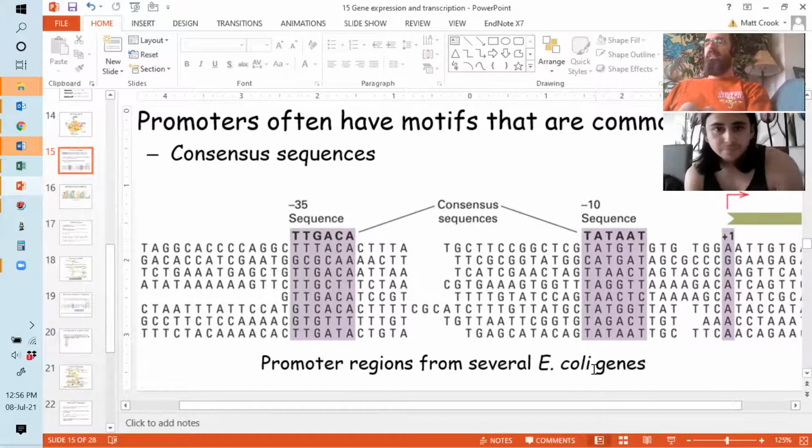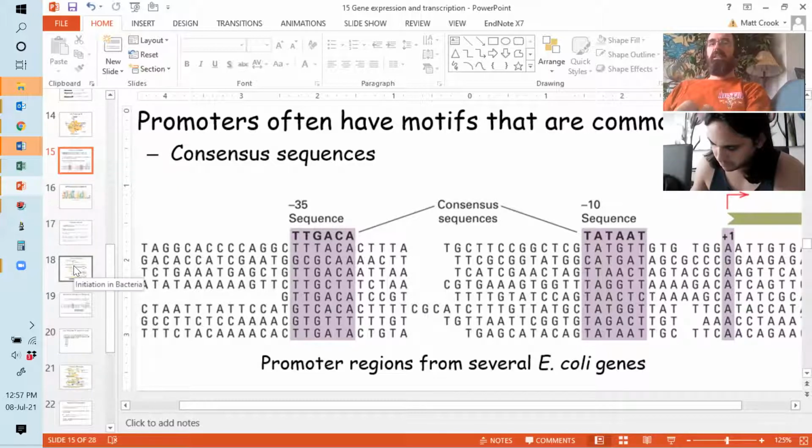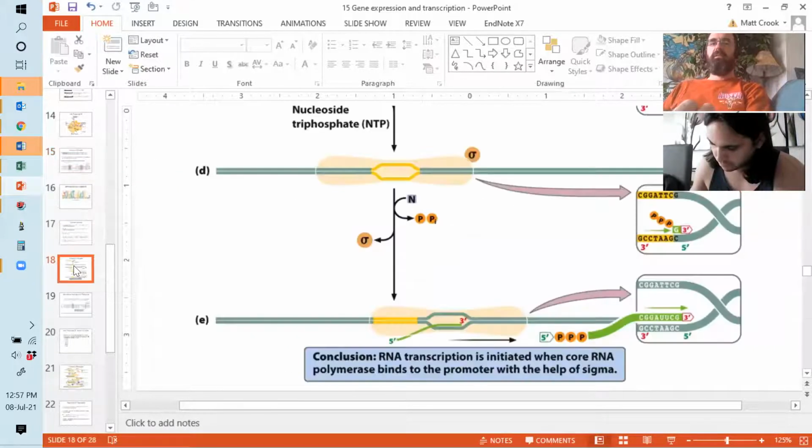What do we find in the promoter? Lots of T's and A's, right? And so this is a region which is going to be easily popped open because there are fewer hydrogen bonds holding it together than elsewhere, right? So it's just neat to think about that, and go back to it.